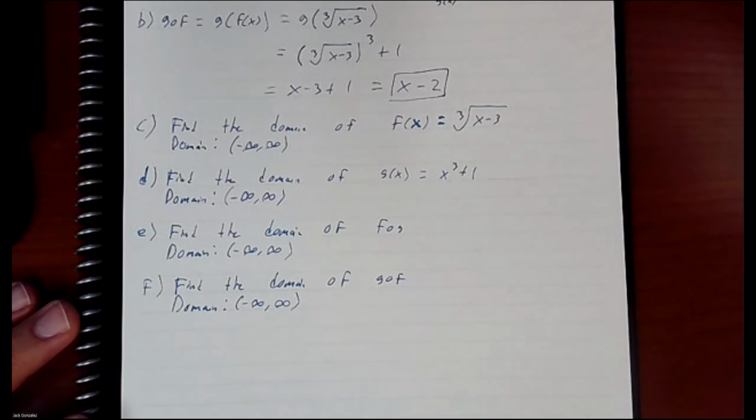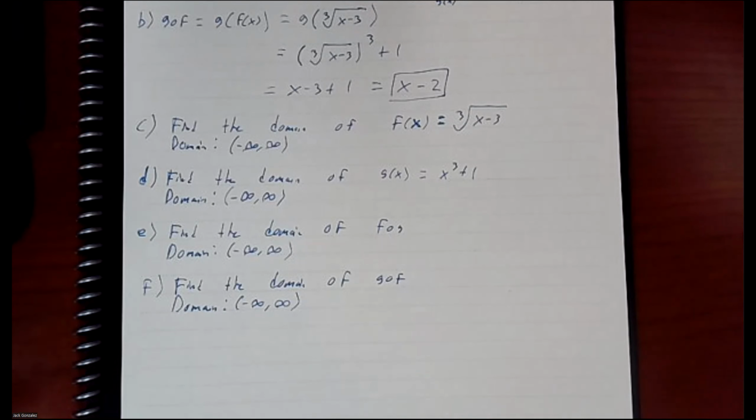So I guess we should just worry if it's like a fraction. Yeah, like if the result comes out to be a square root or an even root or a fraction, like 1 over x or something, then yes. Let me see if I can give you a visual here.